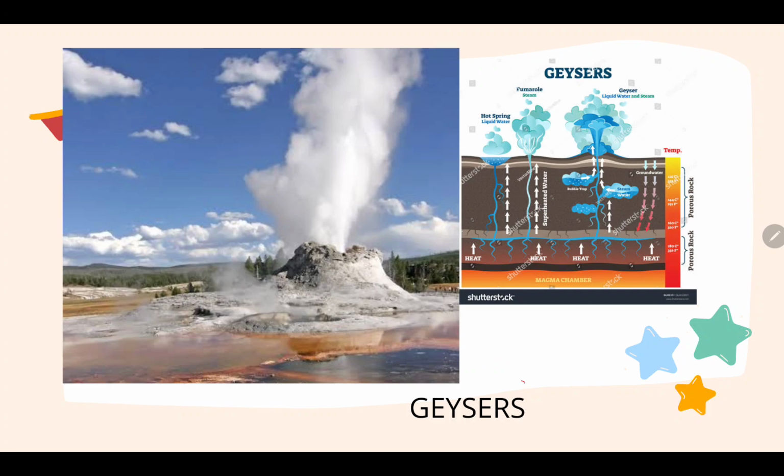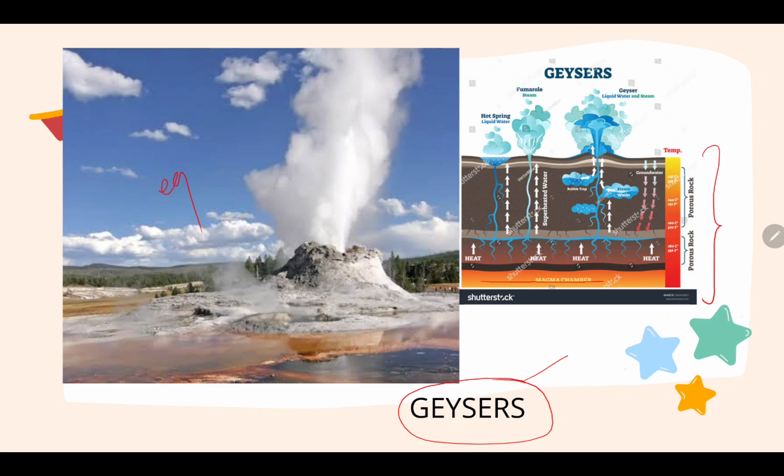So geysers. It comes from volcano. If an area has a volcano, that hot water comes out from earth's surface, that is called geysers. So this is an example or image of a geyser, and this is a pictorial representation of how geyser works.